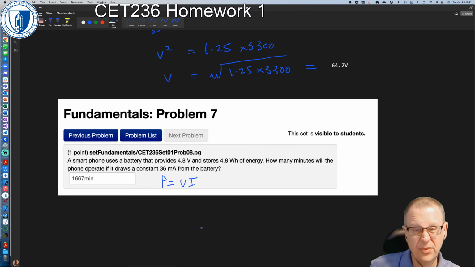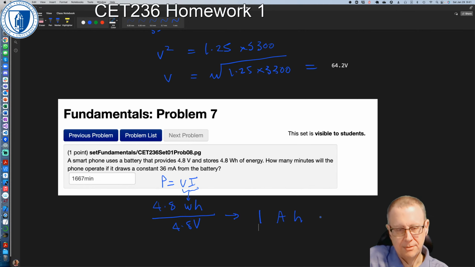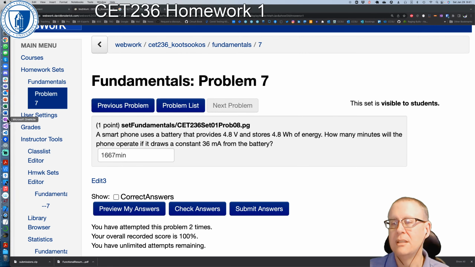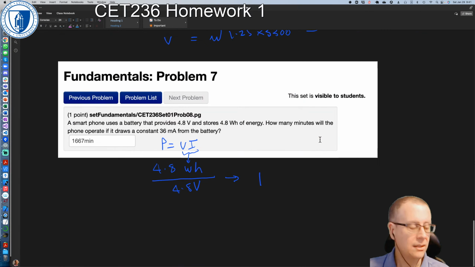So if we have 4.8 watt hours divided by 4.8 volts, using this, we can say that we have 1 amp hour of capacity in the battery. Right, so 1 amp hour.